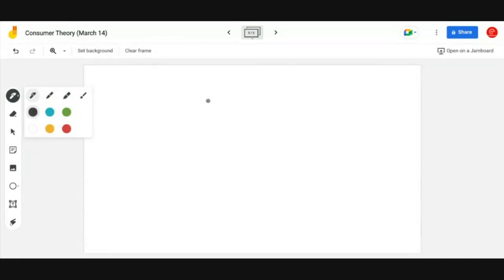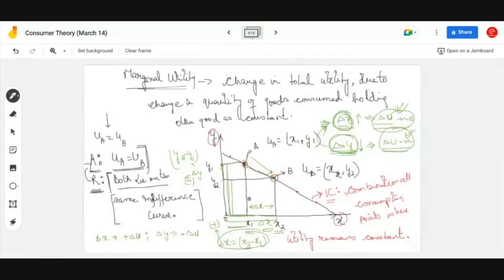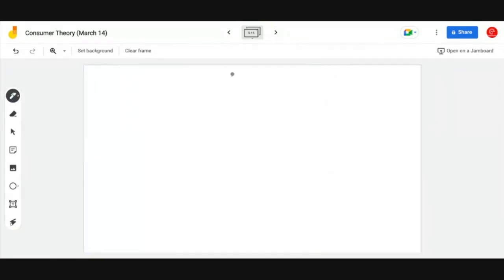Hope you remember this figure. Let me draw this figure so that it's easy to understand. Good X and good Y. So this is Y1, X1, and this is Y2, X2, and this is 0.